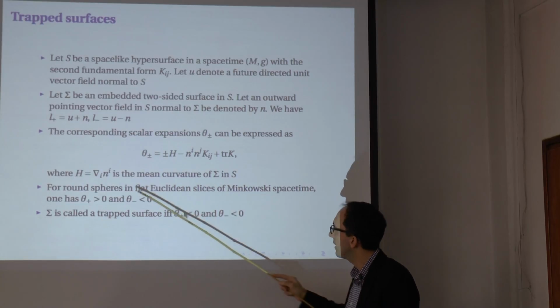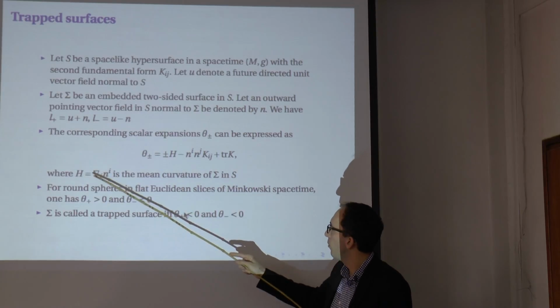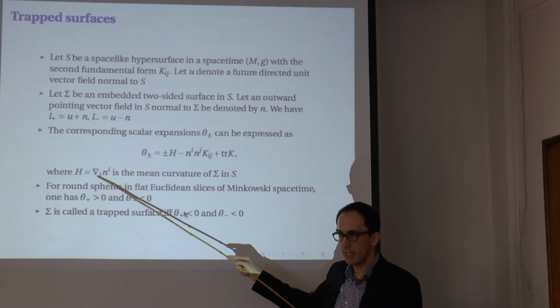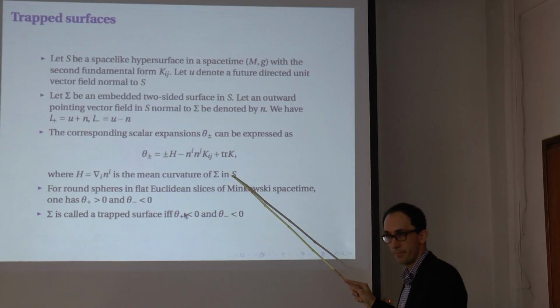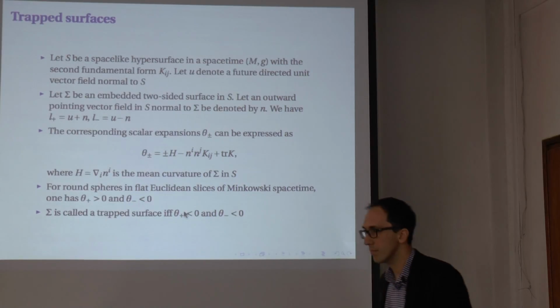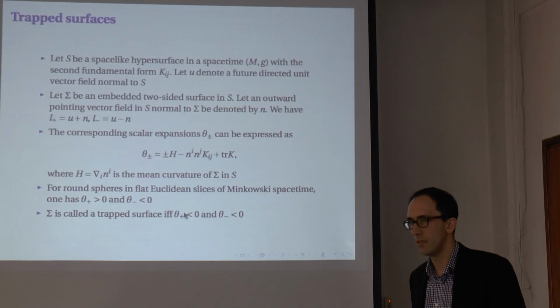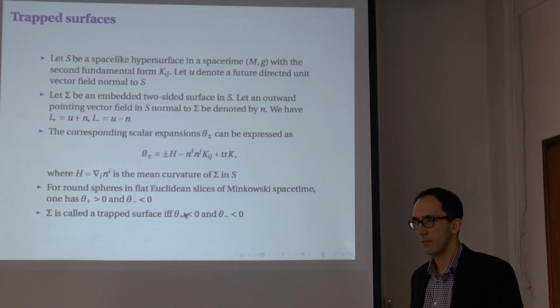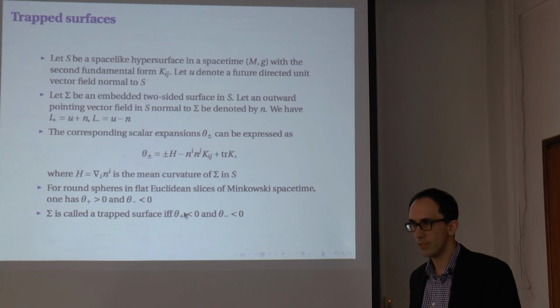Right. So then this covariant derivative has to be computed with respect to the metric in S. Okay. So in Minkowski space, it's a normal divergence of the N vector. Well, in this case, yes.